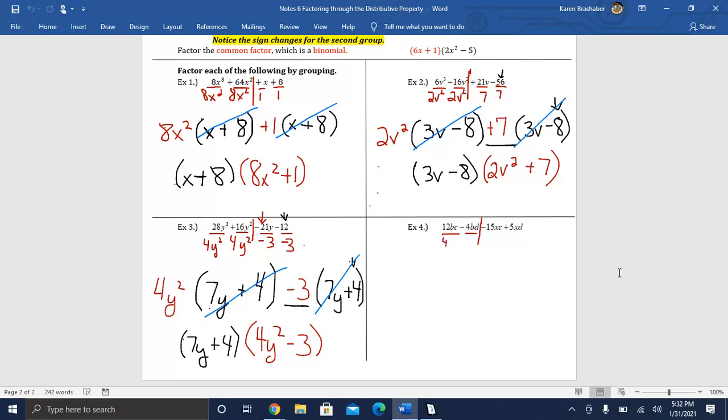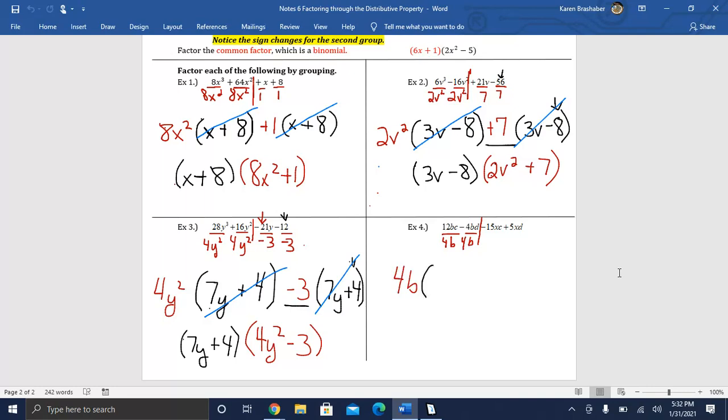And yes, they will. Always at the beginning, we divide by a positive, so don't divide by negatives on your first term. We can also look to see that we have a b in each one of those terms, and so 4b is what we'll write outside the parentheses.